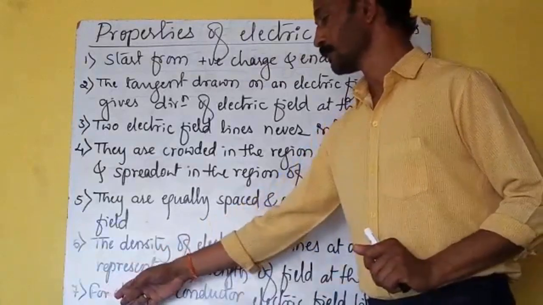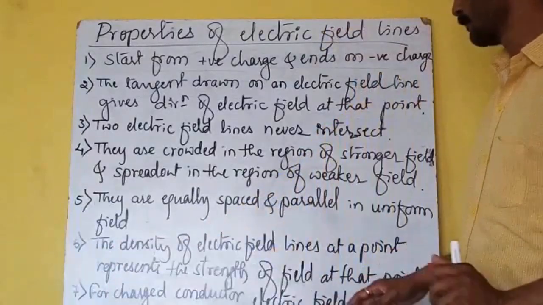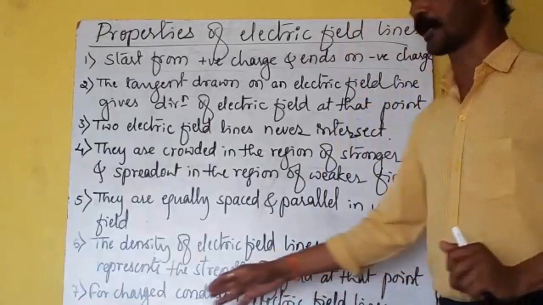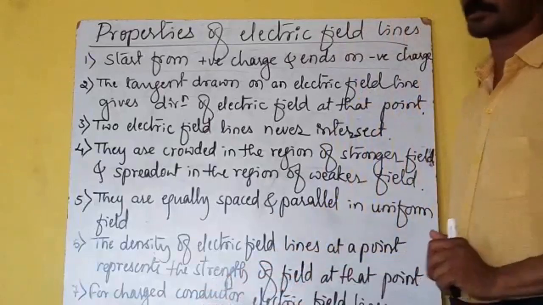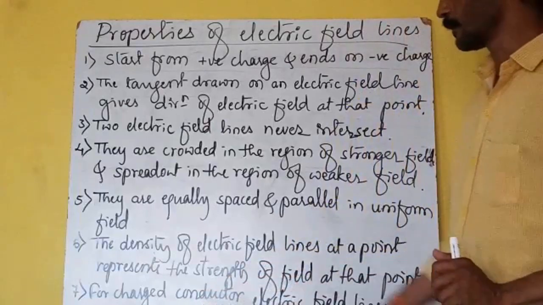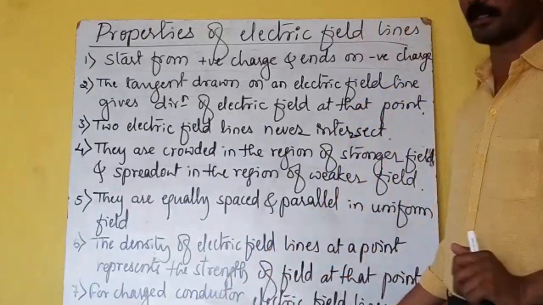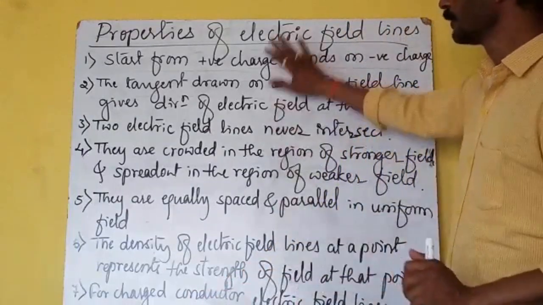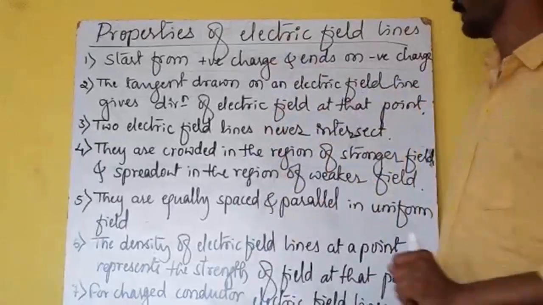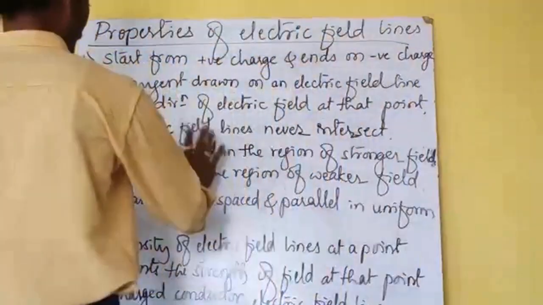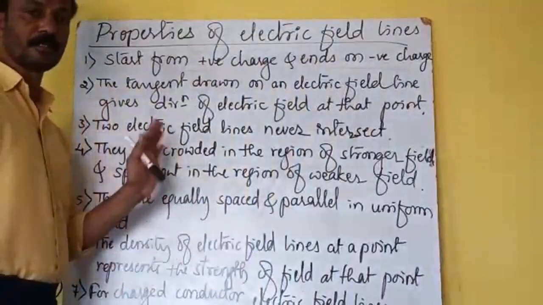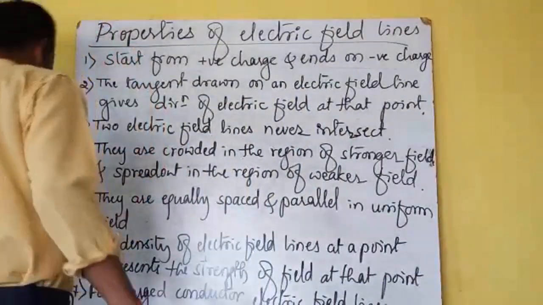The seventh one is, for any charged conductor, the electric field lines are always normal to the surface of the conductor. And the eighth property is, the electric field lines never enter into a conductor. These are the 8 properties of electric field lines. Make perfect of these. Any two may be asked for 2 marks.